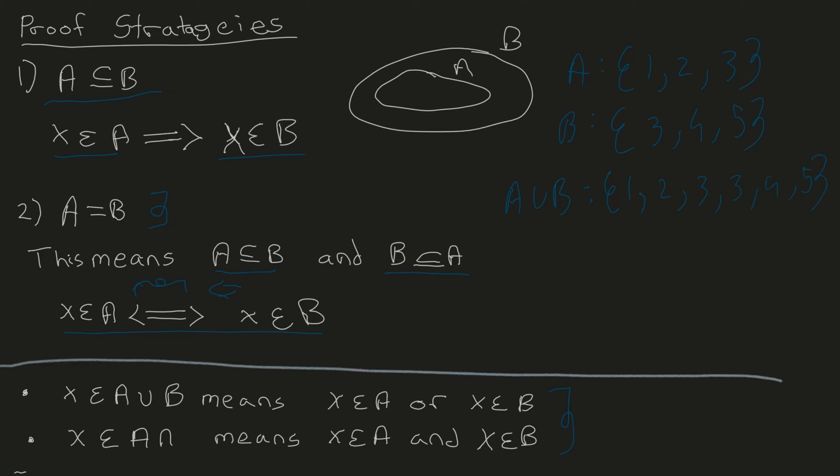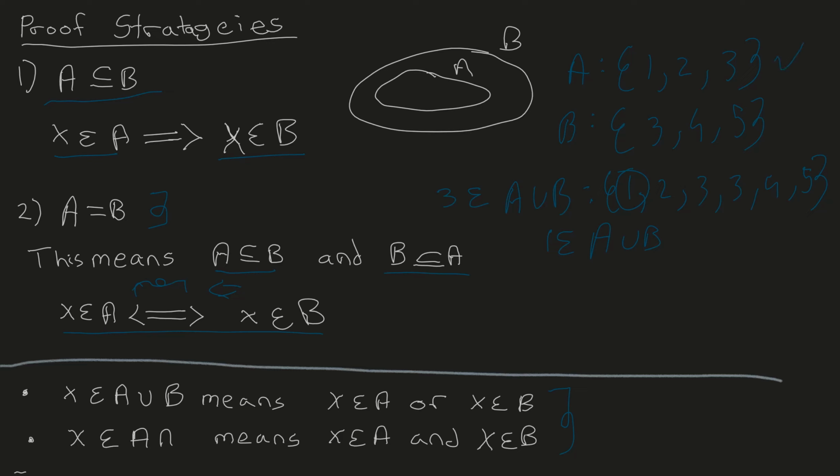If we take X as 3, since 3 is a member of A union B, this means 3 is in A and 3 is in B. And if we take another element such as 1 as X, then 1 in A union B means either 1 is in A or 1 is in B. In our case, 1 is in A.